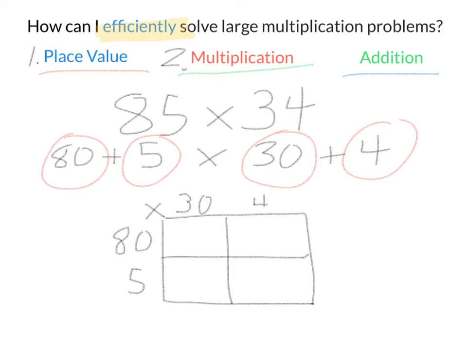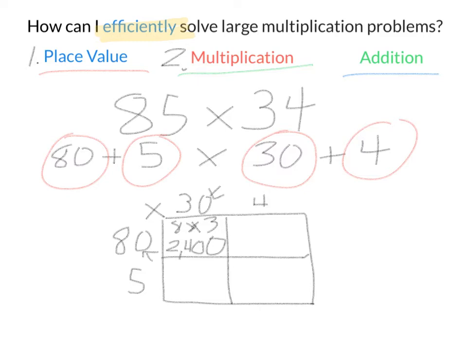We're not going to make 80 loops and 30 dots in each one, but because these are both multiples of 10, all we have to do is take 8 times 3, which is 24, and then tack on those place values. 1 zero, 2 zeros. 2,400. 80 times 30 is 2,400.